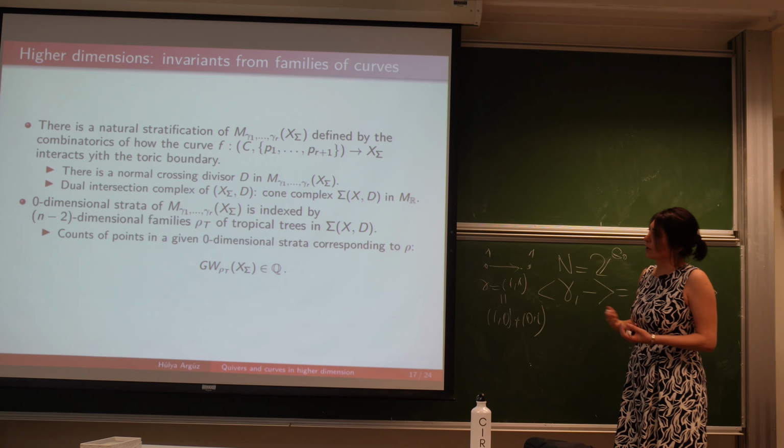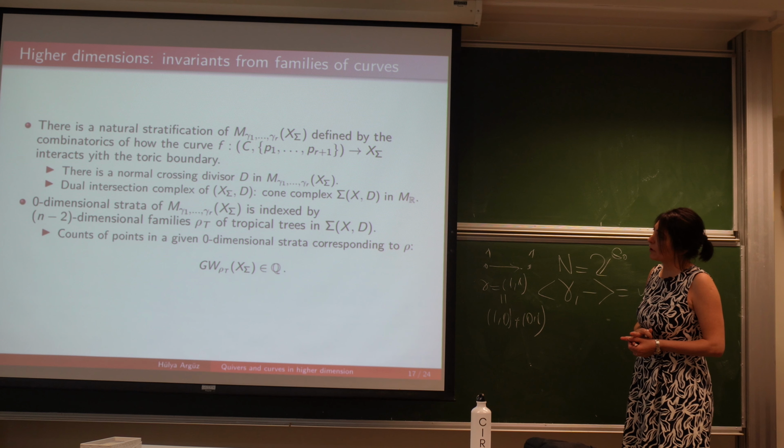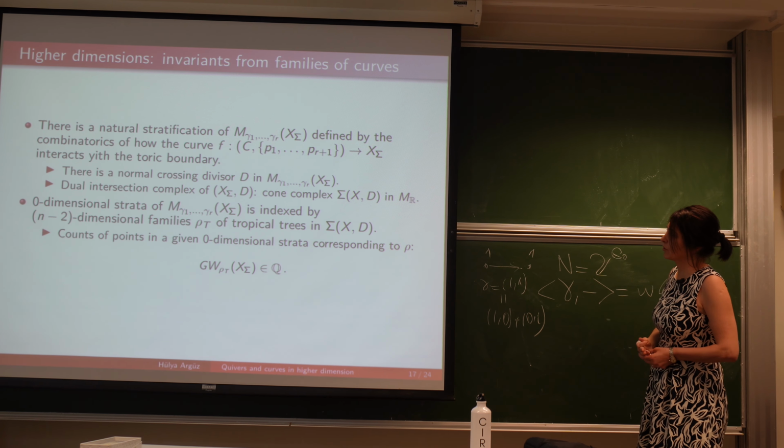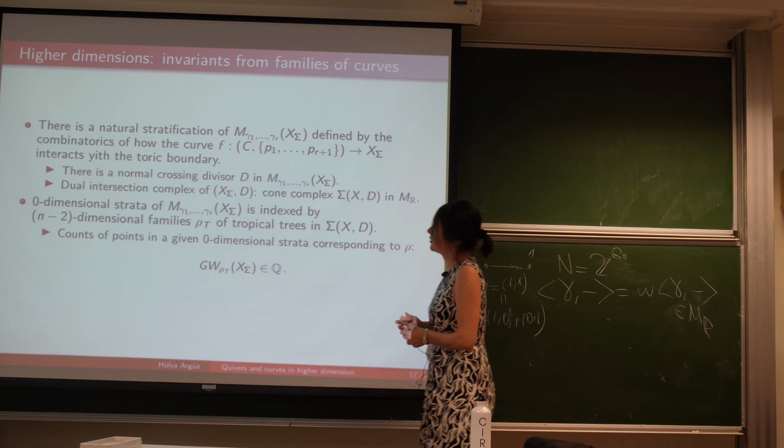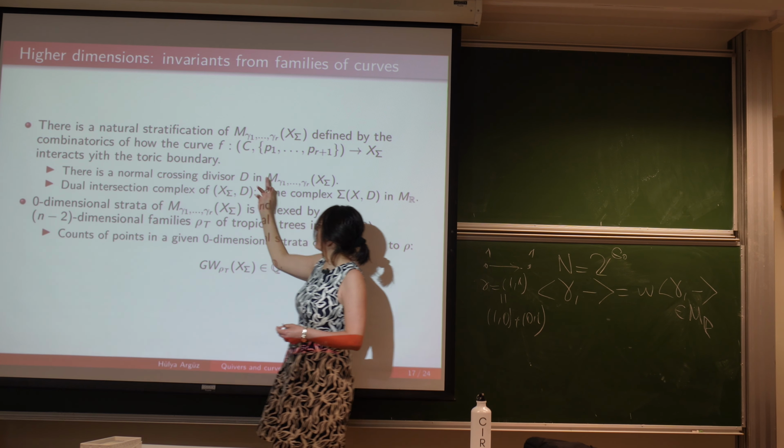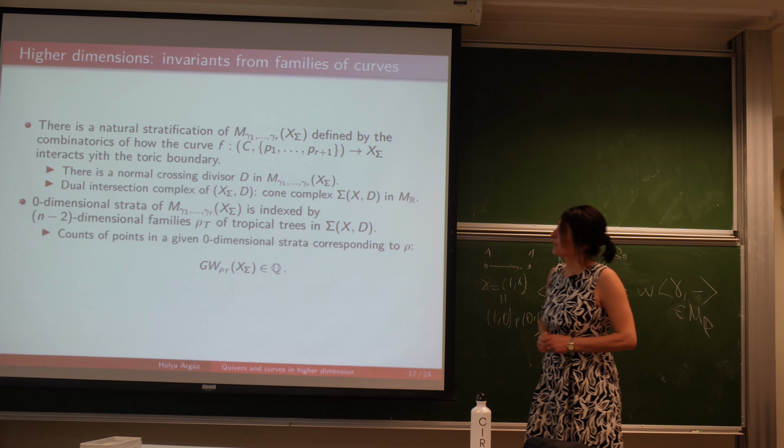So this combinatorics on interacting with the toric boundary induces a natural stratification on your moduli space. In particular, there is a normal crossing divisor D in your moduli space.